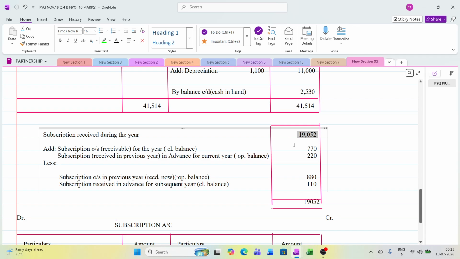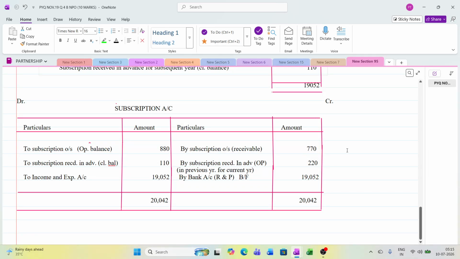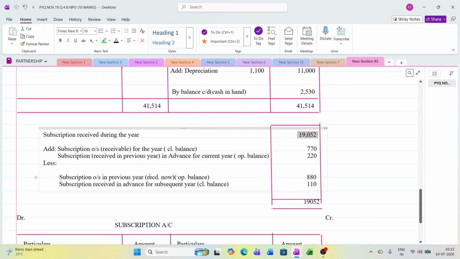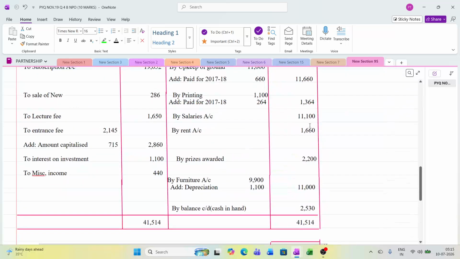But in case you are given the income and expenditure account, as in this question, you have to arrive at the receipt and payment account. Simply write what you generally do. And whatever you add here, keep it on the credit side. And whatever you subtract, keep it on the debit side. Simple funda.